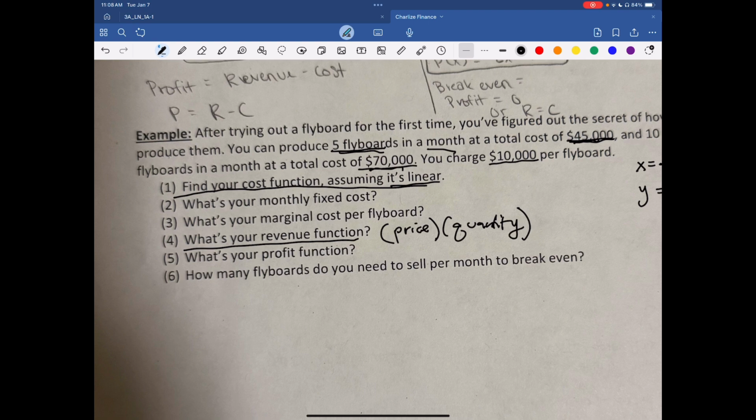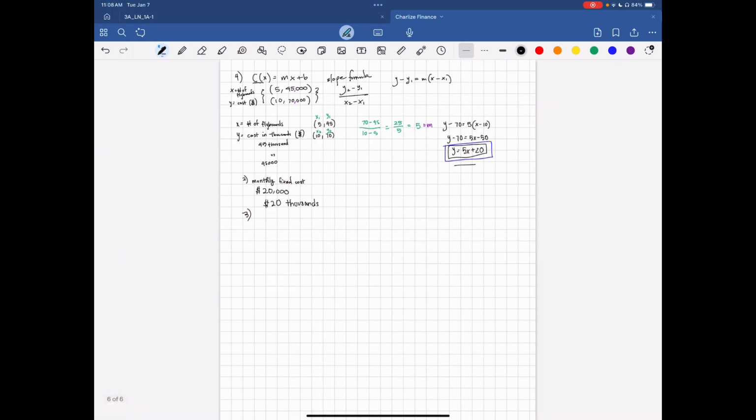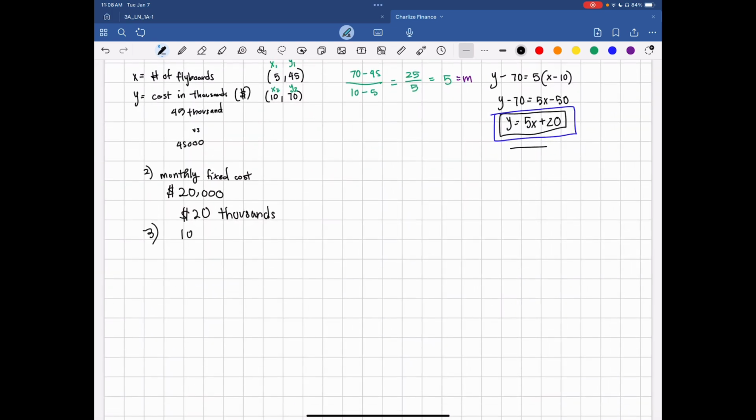It says you charge $10,000 per flyboard, and that is the revenue. And so if it's $10,000 per flyboard, well, I want to stay consistent with how I've been labeling these.